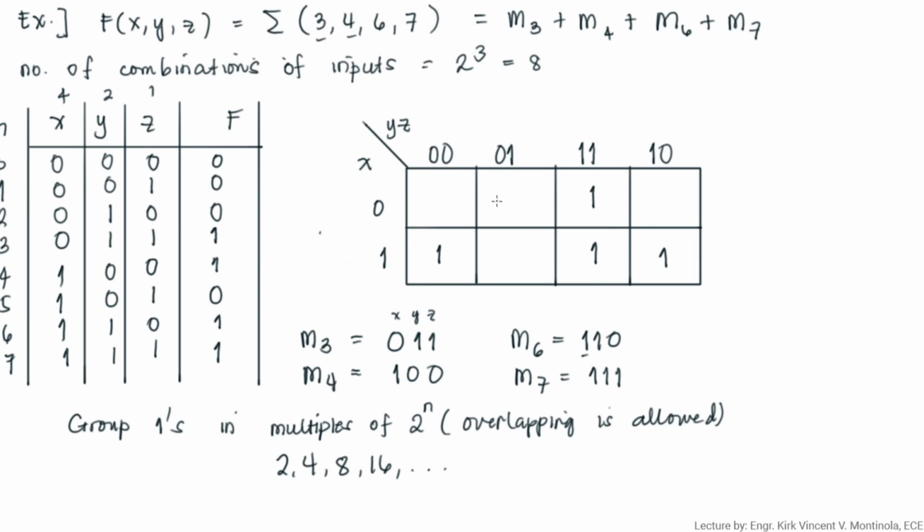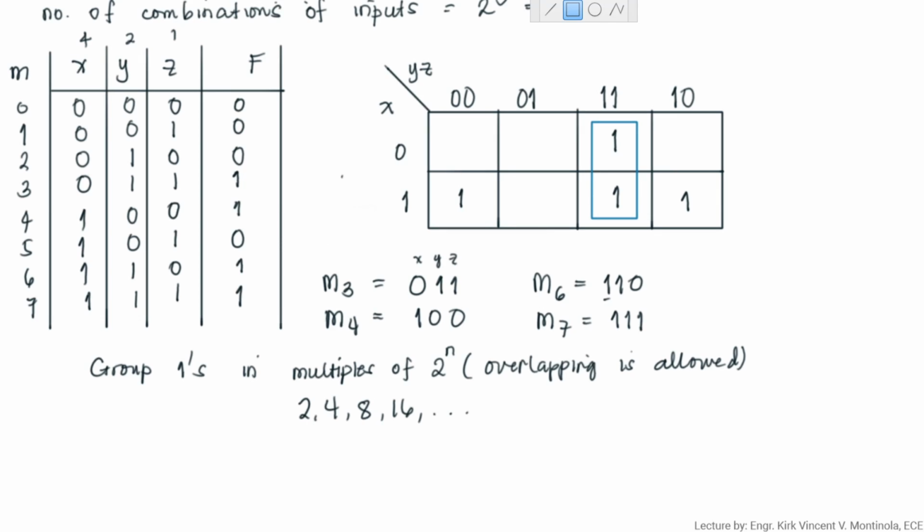Okay, now the grouping would be so the nearest na adjacent. Okay, for this one, we can group this one here, this one. Okay, so how do we read the groupings of this one? Okay, so we read that one.